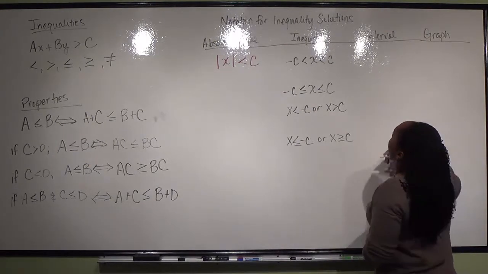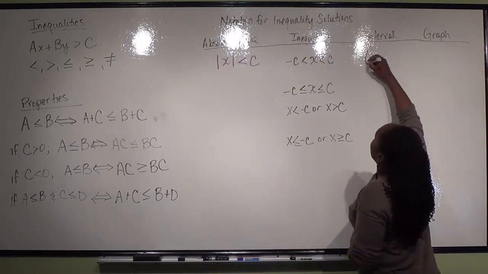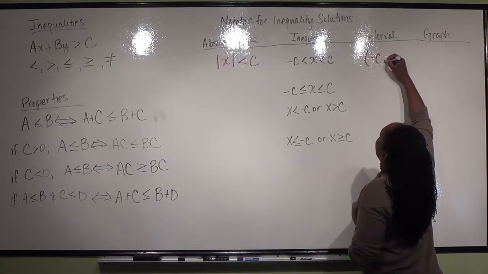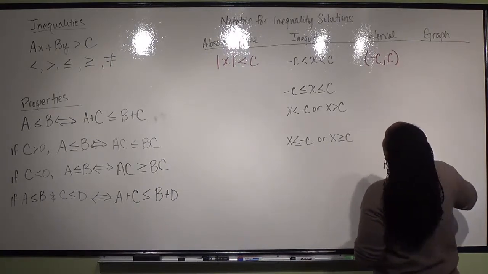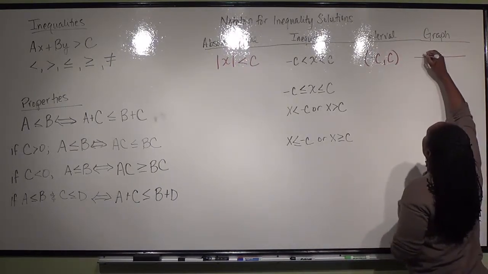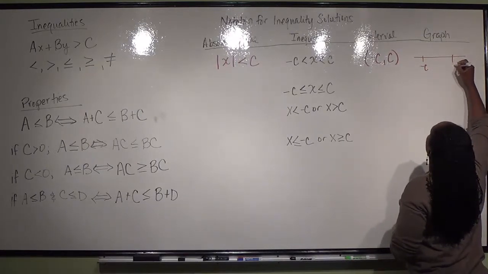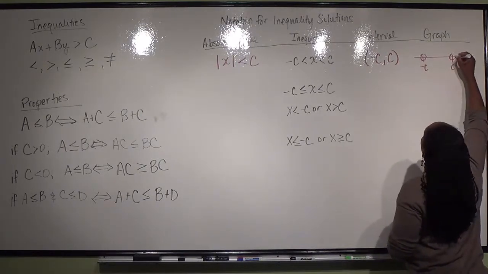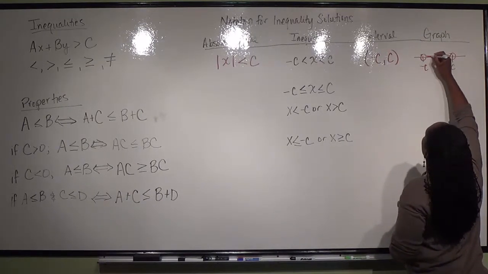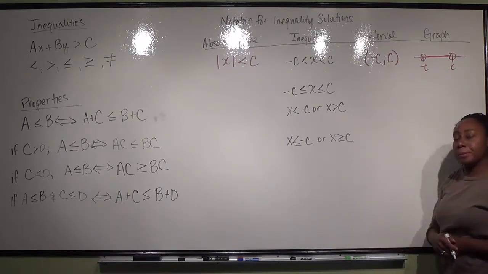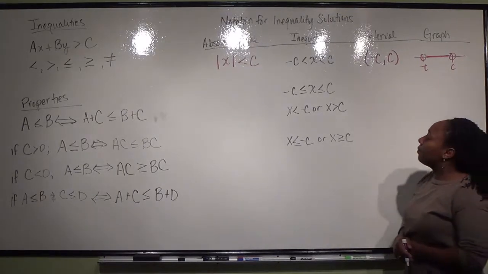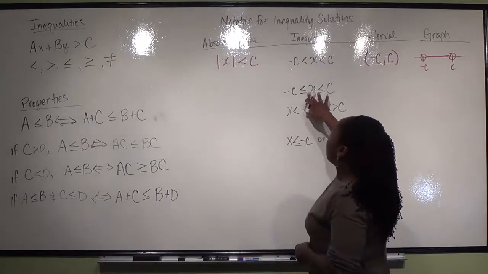The interval notation, again, we use parentheses to show not inclusive. And on our graph, we use open circles to show not including. In this case, same type of thing.